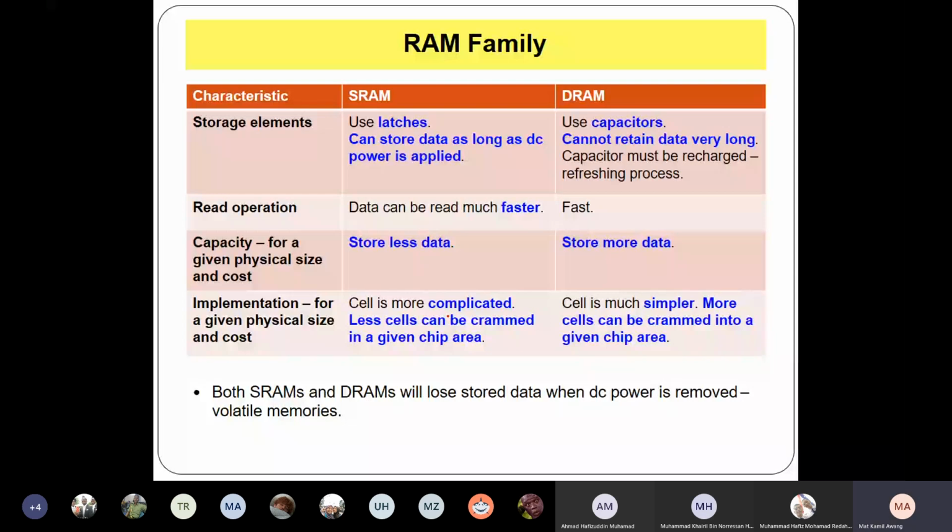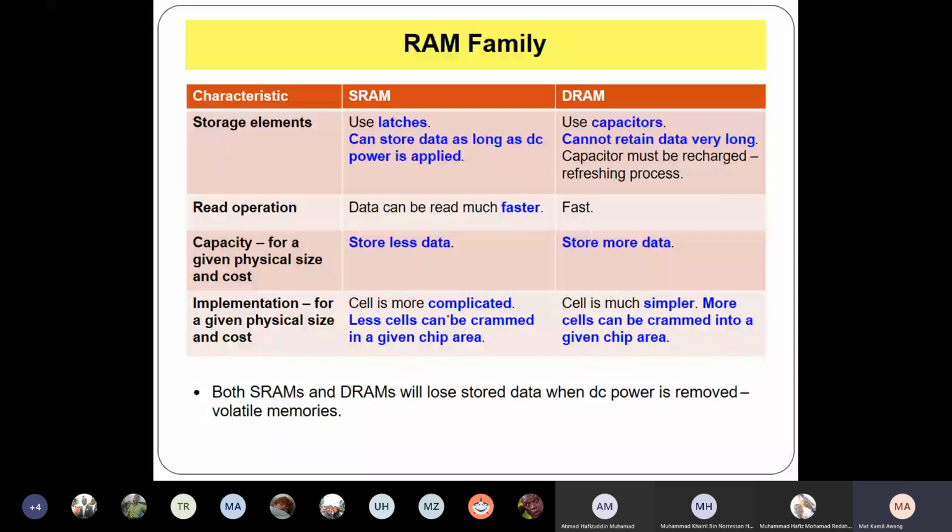DRAM is smaller in size and less costly for the same amount of data storage. For a given physical size and cost, the cell is more complicated for SRAM, so fewer cells can be crammed in a given chip area. Whereas for DRAM, the cell is much simpler and more cells can be crammed into a given chip area. So DRAM is more compact. It's smaller.